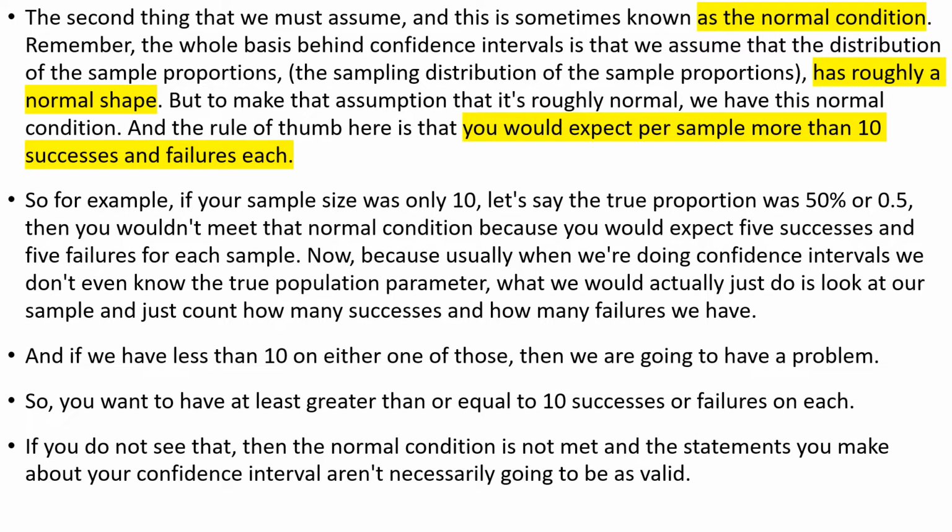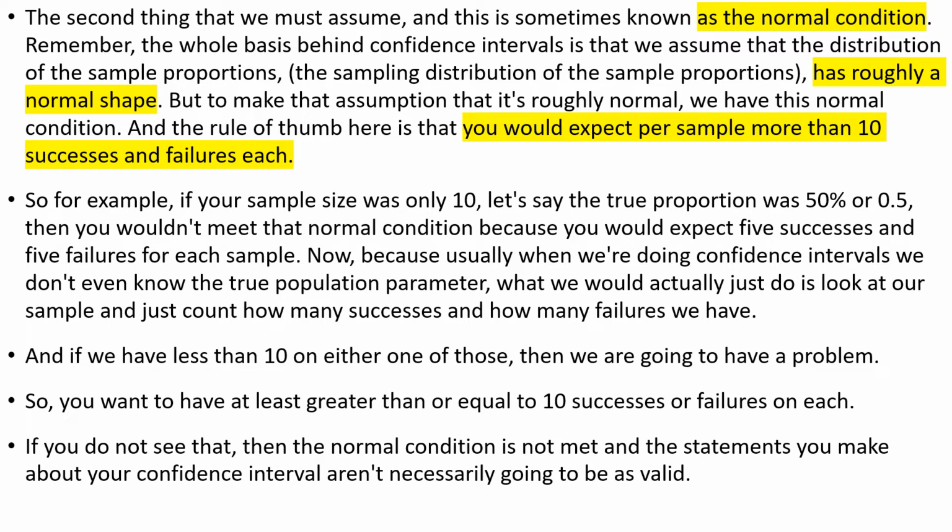But to make that assumption that it's roughly normal, we have this normal condition. And the rule of thumb here is that you would expect your sample to have more than 10 successes and more than 10 failures each.